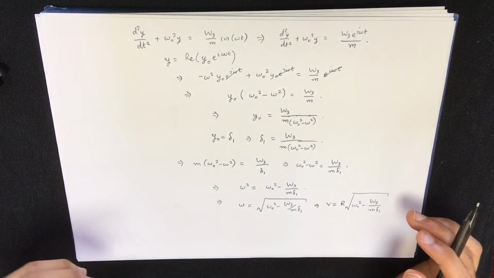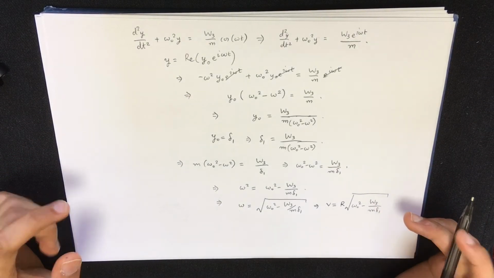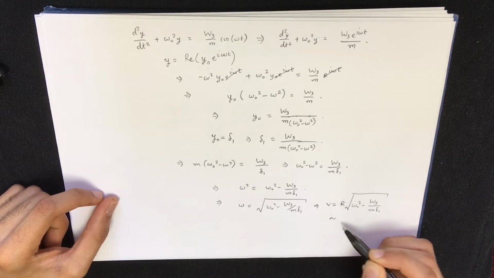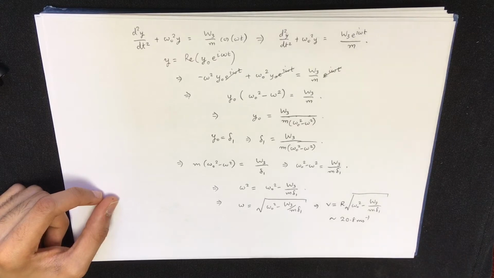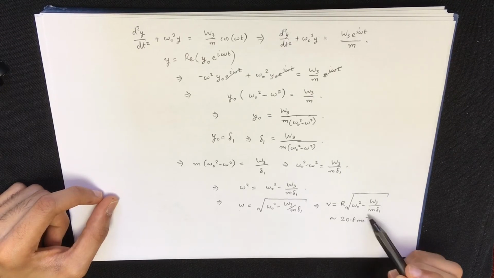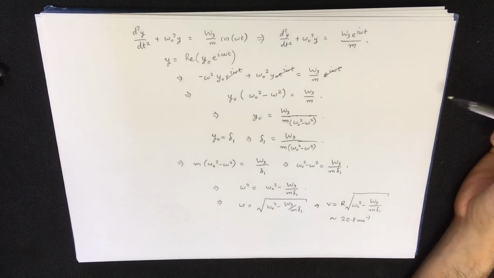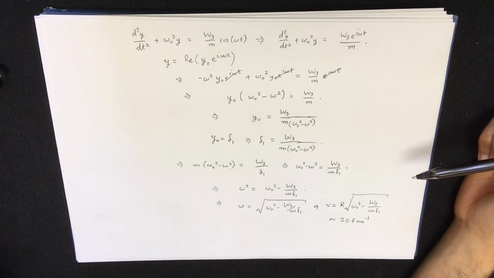Using all of that data you got at the start, I calculated the velocity to be 20.8 meters per second. The data we were given in the question were typical values for all of the parameters, and that gives you something like 20.8 meters per second. But the data was also given in gross imperial units.